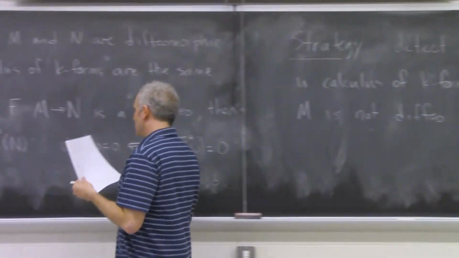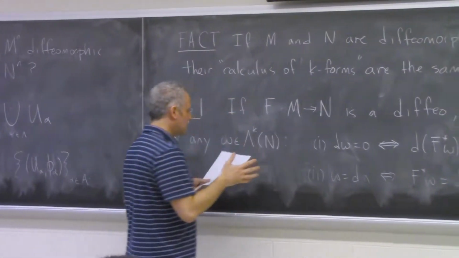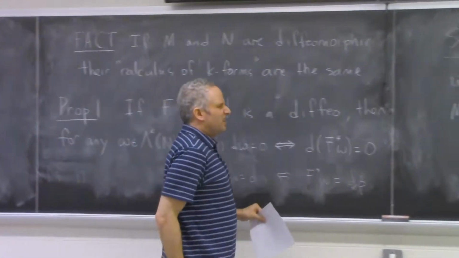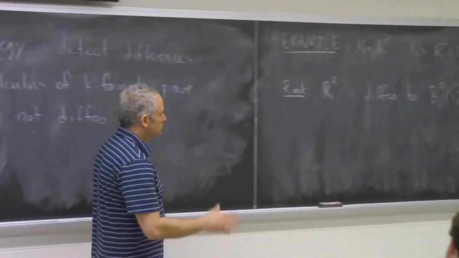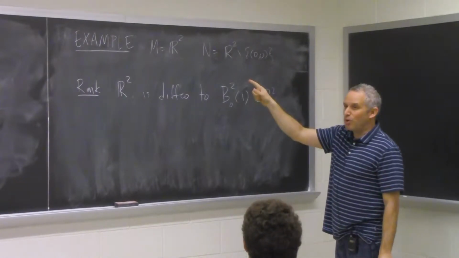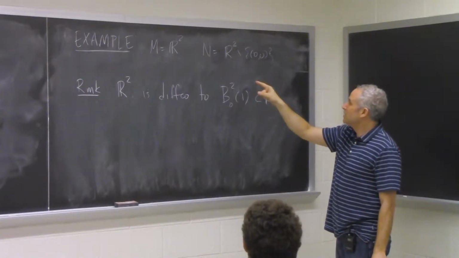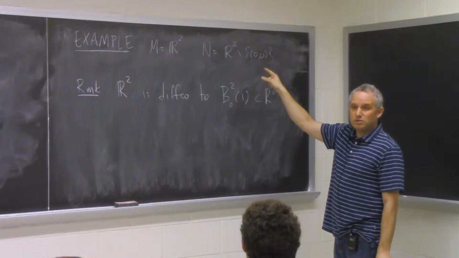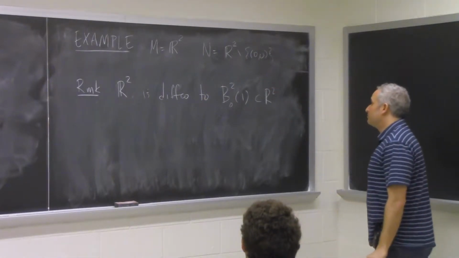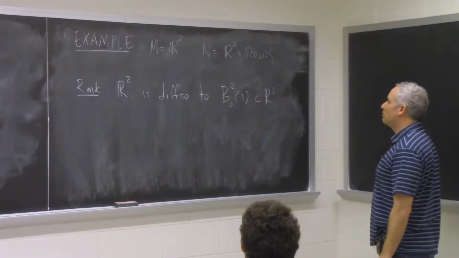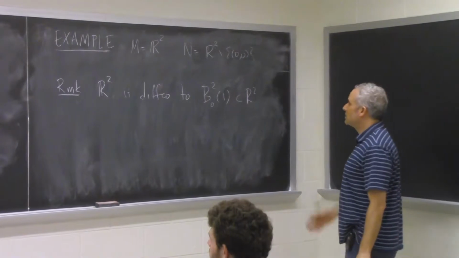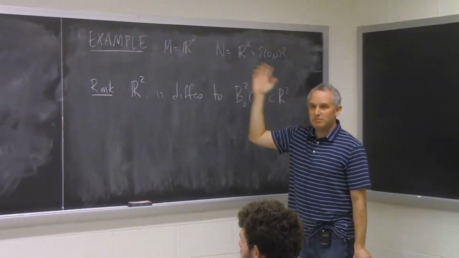So we want the calculus of K-forms to tell us the story. Okay. All right. So instead of just writing out the starting point, let's motivate it. We want a K-form to tell us that R2 is different than R2 minus the origin, in some way. All right. So we're going to start with a K-form which sees the difference. These are not the same sets.